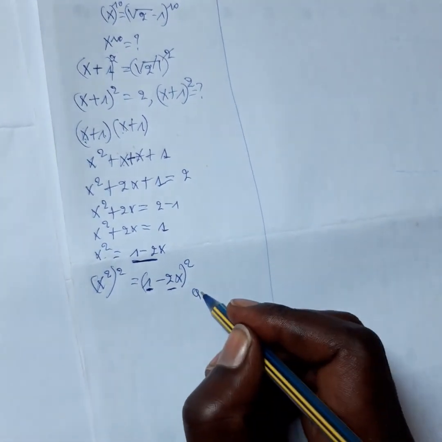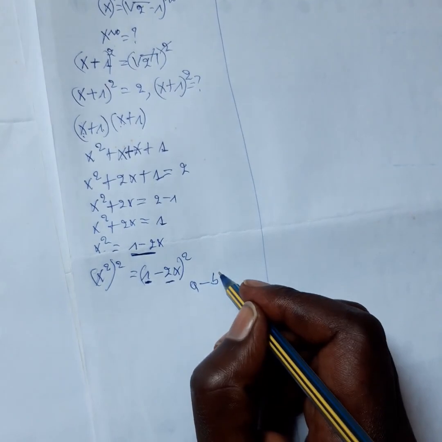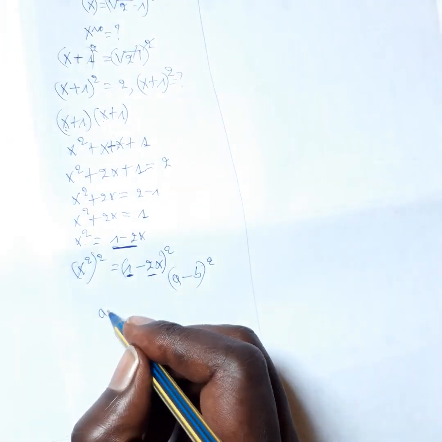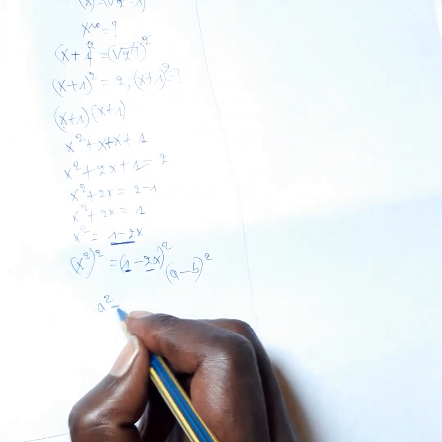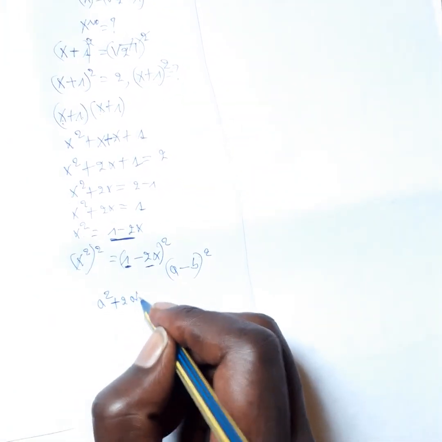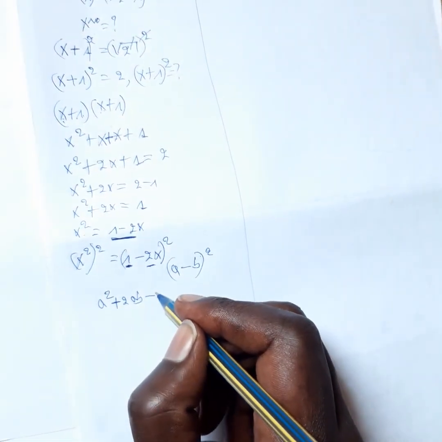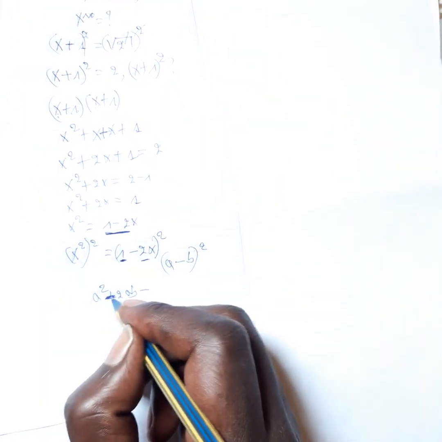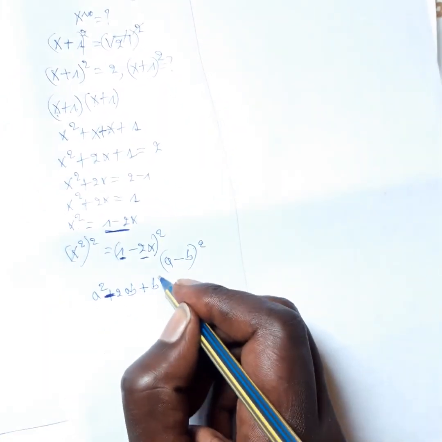When we have (a minus b) squared, we get a squared minus 2ab plus b squared.